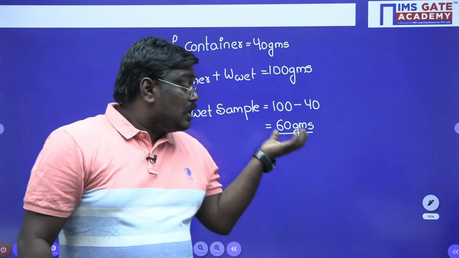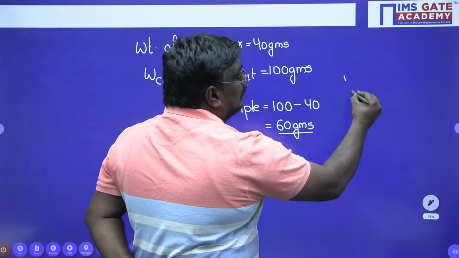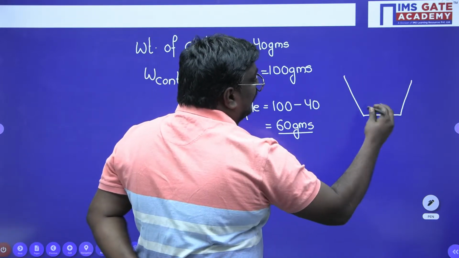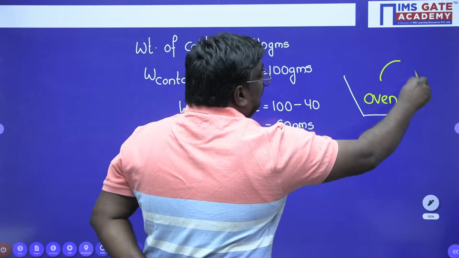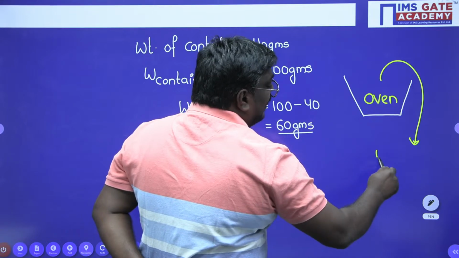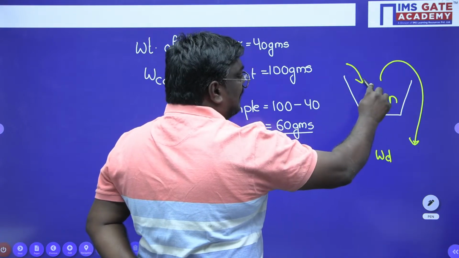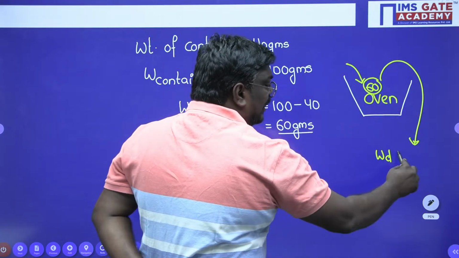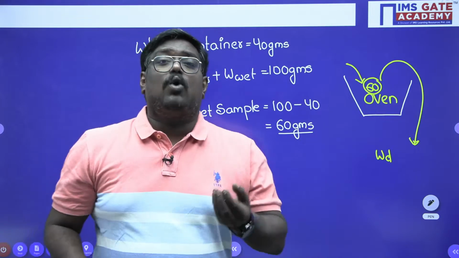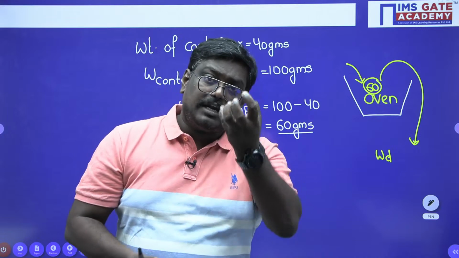Now imagine, students, this wet sample is placed in an oven. After 24 hours, you will get the weight of dry soil, right? Because this 60 grams is placed in the oven, and after removing it from the oven, whatever water is in the soil will be evaporated, or you can say the water is removed.